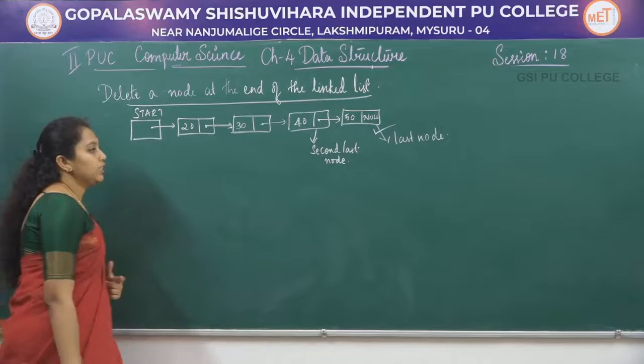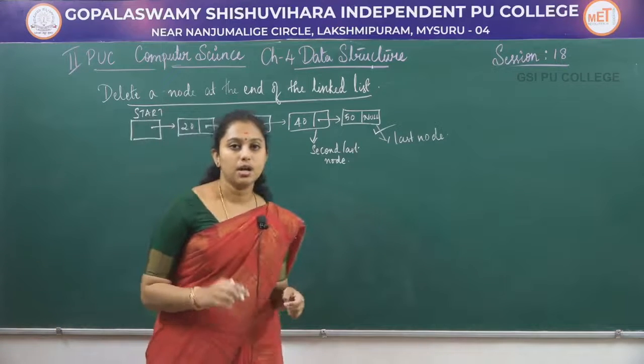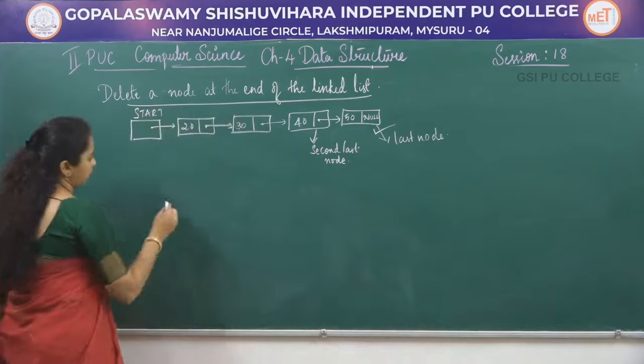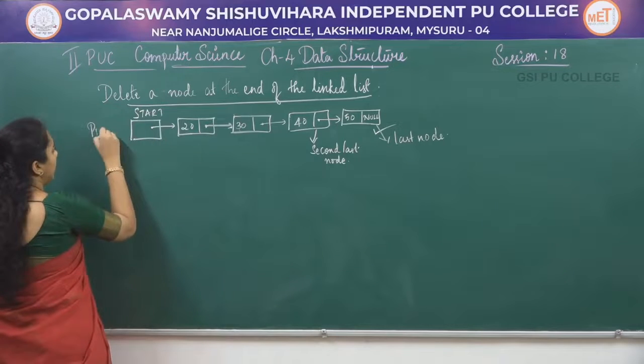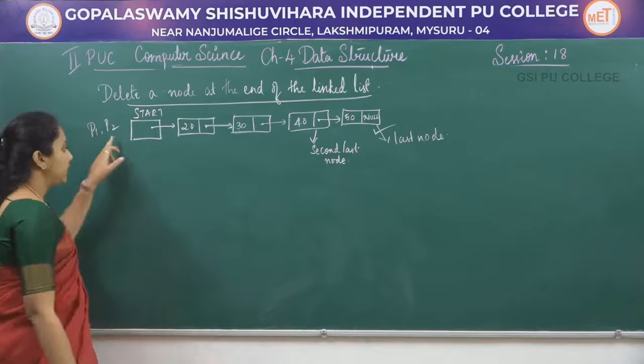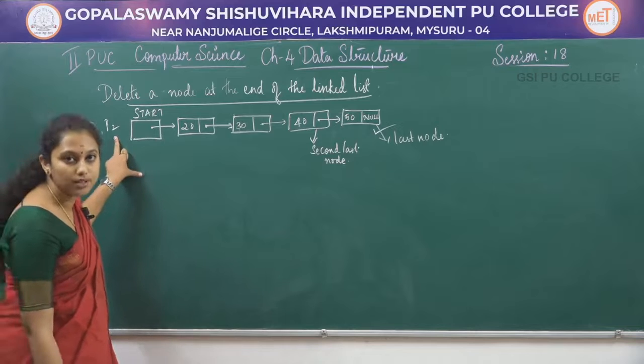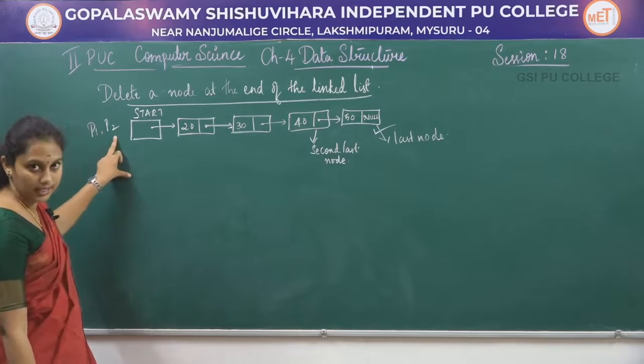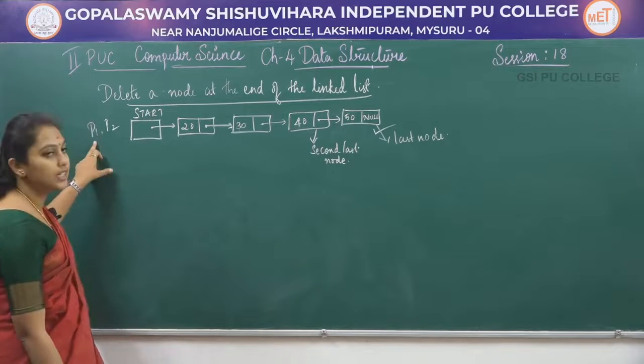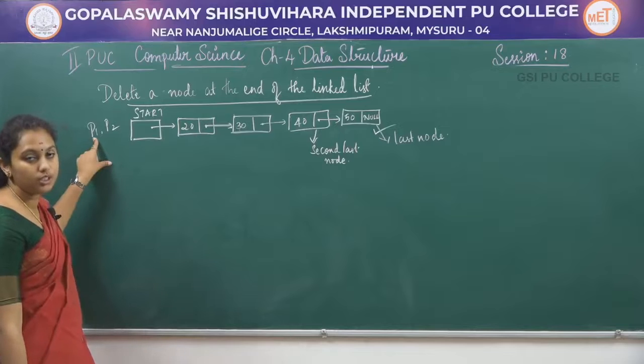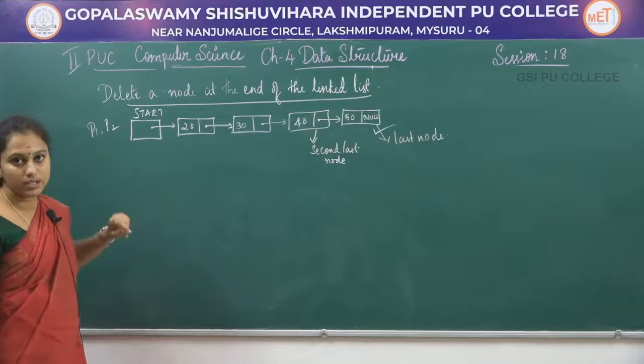So here we are using two pointers, P1 and P2. P2 is used for traversal of all the nodes in the linked list and P1 is used to store the location of the previous node.